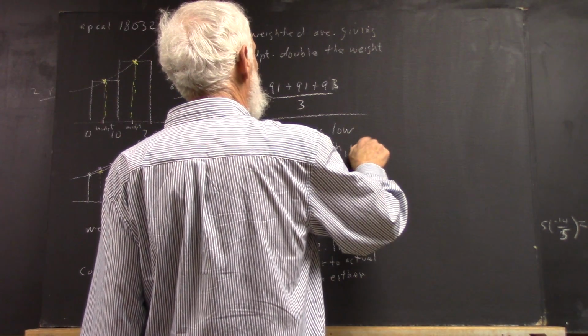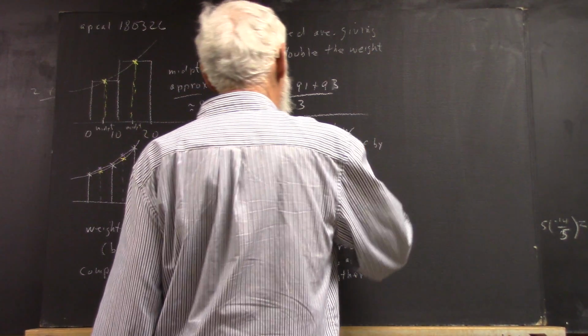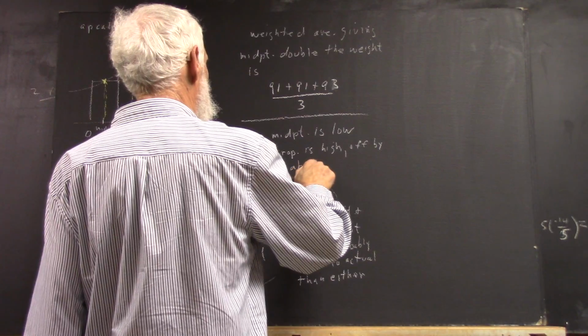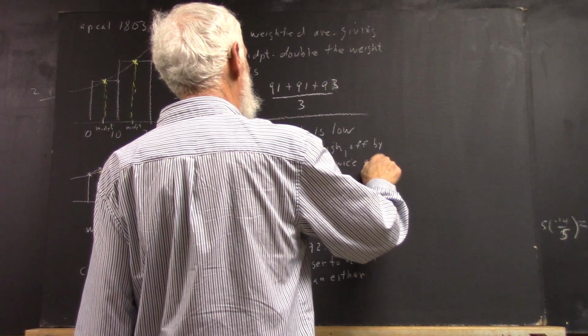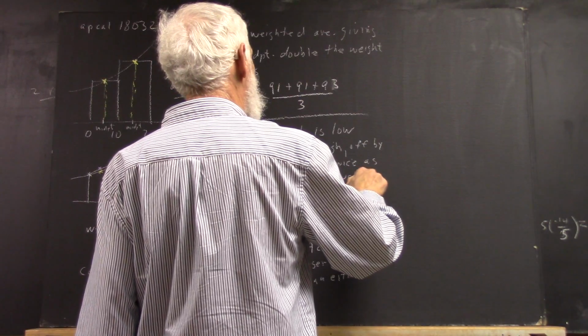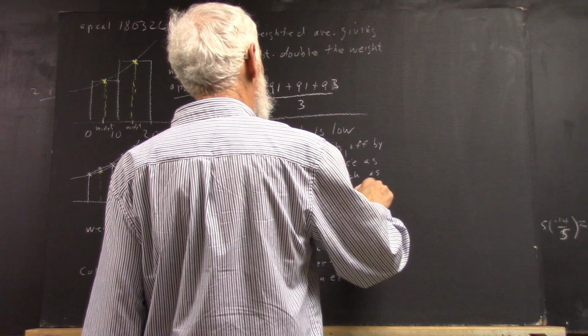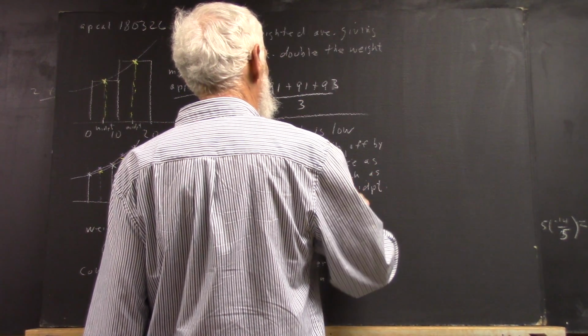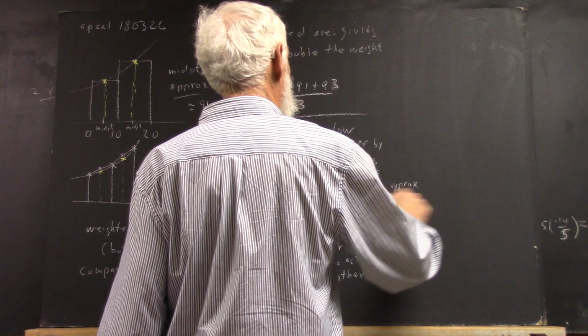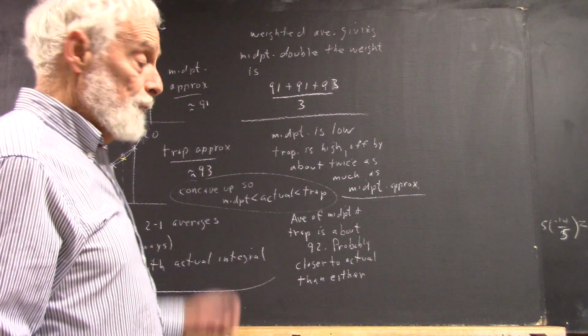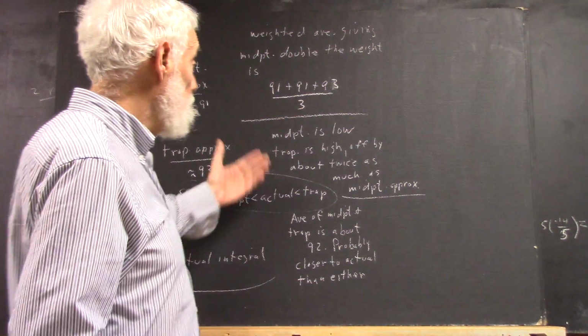And it's off by about twice as much as the midpoint approximation. Okay? And that's why we use the midpoint twice and the trap once.